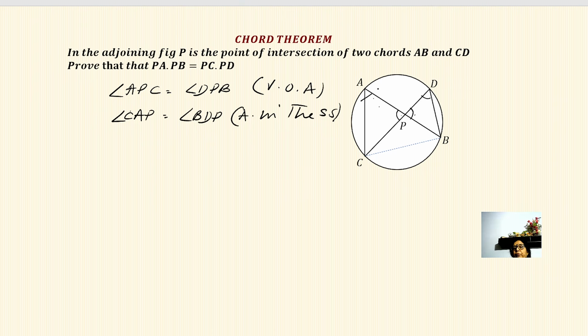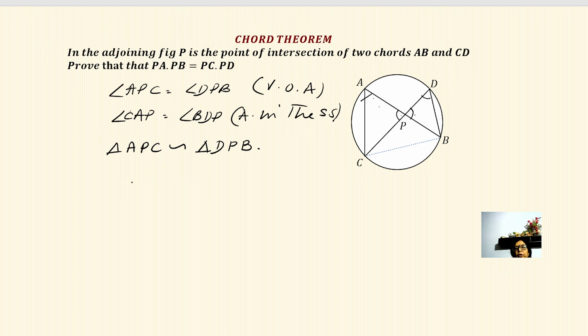Or you can also prove it by joining AD to create a chord over here and say that these two are in the same segment. But that's not mandatory because we have already got two angles equal. So now we can write down triangle APC is similar to triangle DPB.